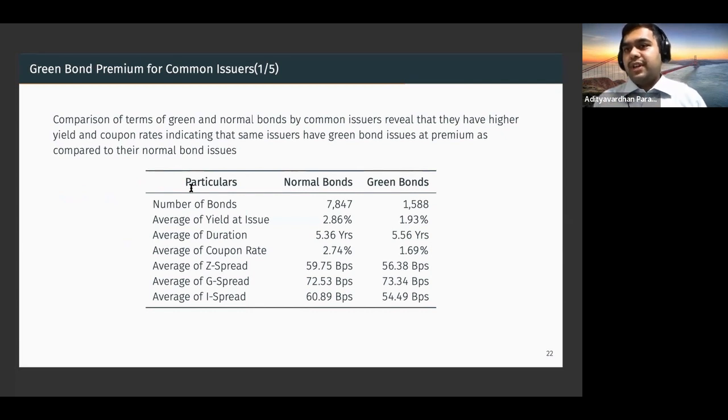Our common issuer data set comprises over 7,000 normal bonds and 1,500 green bonds, covering only those companies which have both types of bond issues. As you can see here, the average yield at issue for normal bonds is higher as compared to green bonds, and the duration of those bonds is pretty much the same. So we can see outright that green bonds have a lower yield as well as a lower coupon rate as compared to normal bonds.